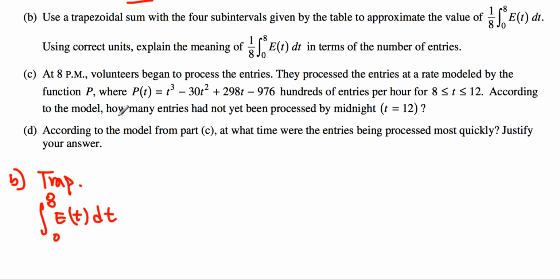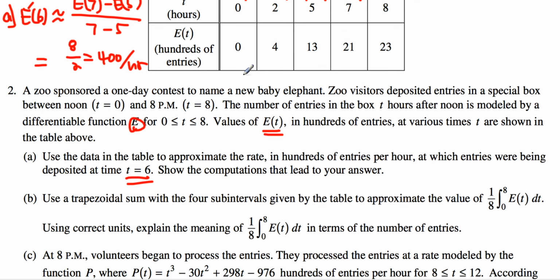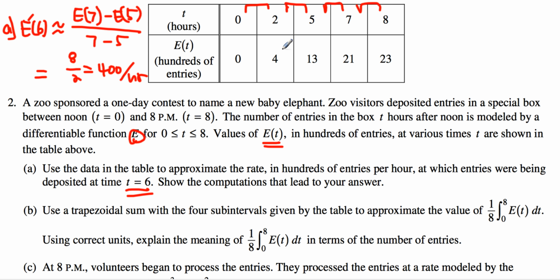I believe that was 8. So it can be approximated. The first trapezoid would have been, as I mentioned, 0 plus 4, base 1 plus base 2, times height, which is 2, divided by 2. Second trapezoid is 4 and 13, and then height is equal to 3 hours.